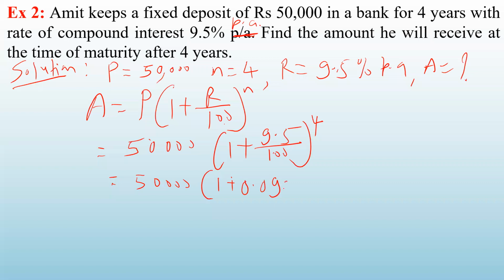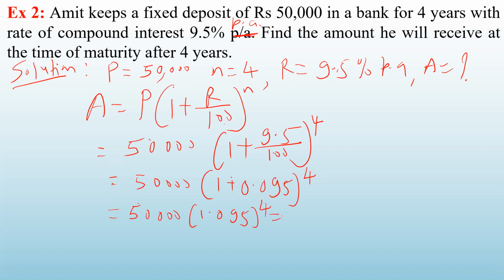So it will be 50,000 into 1.095 raised to power 4.